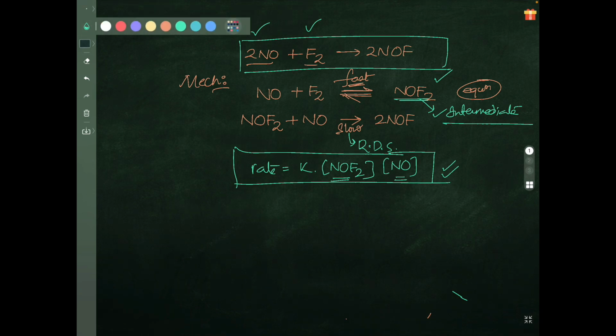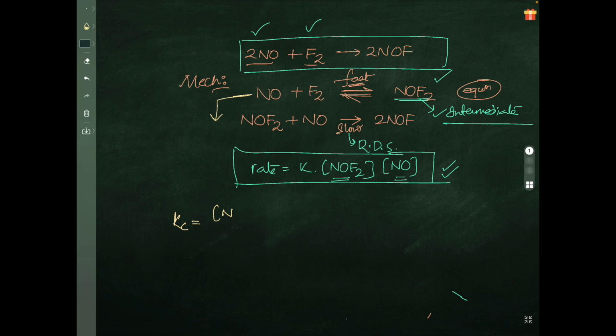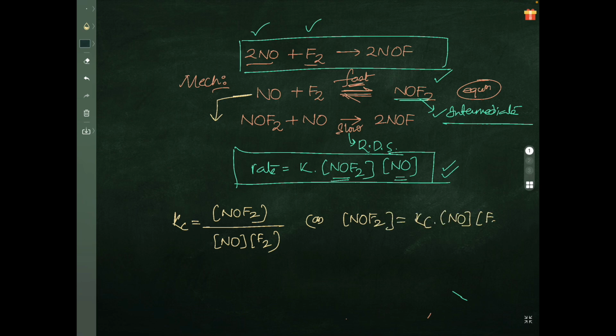So what we can do is, from the chemical equilibrium concept, you can write Kc is equal to concentration of NOF2 divided by NO and F2, or you can write concentration of NOF2 is equal to Kc into concentration of NO into F2. This NOF2 value you now substitute in this expression.